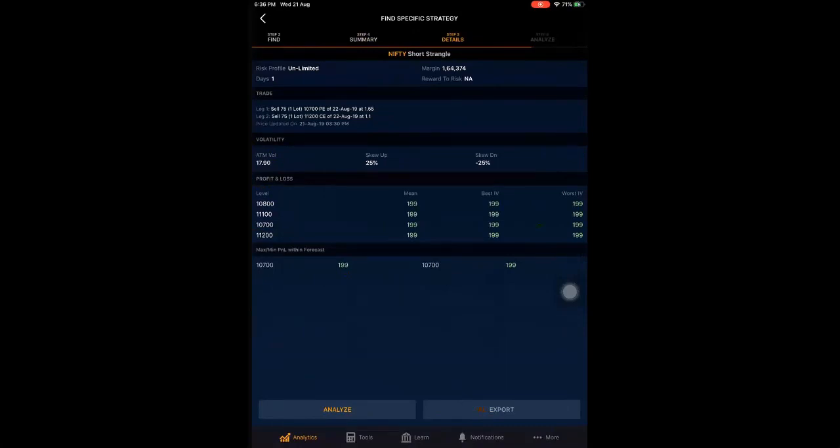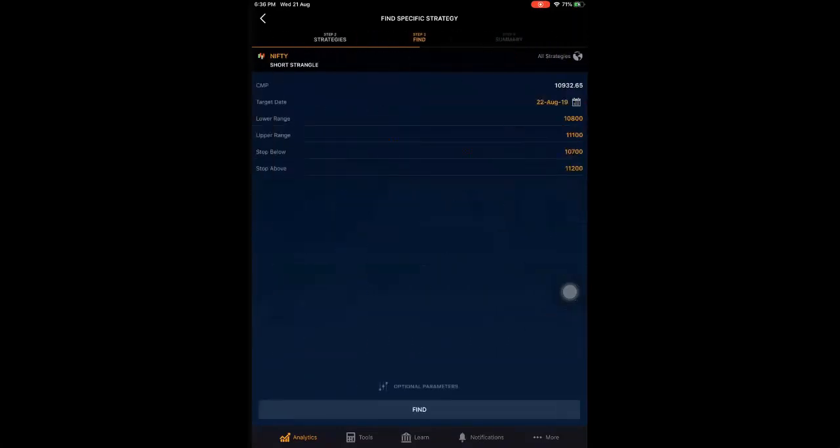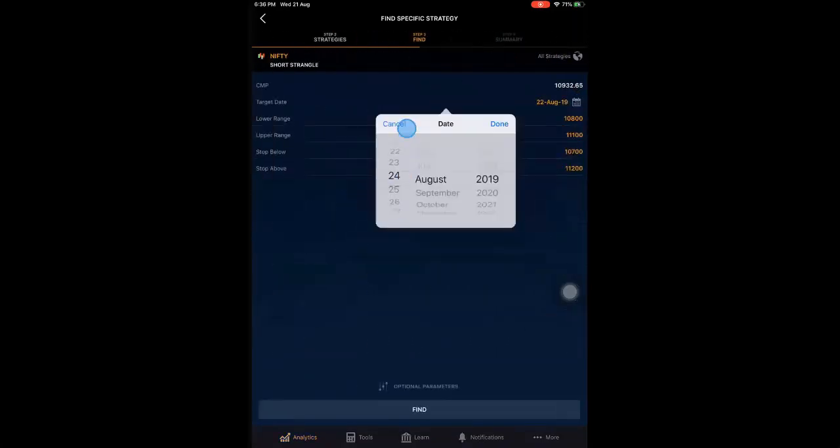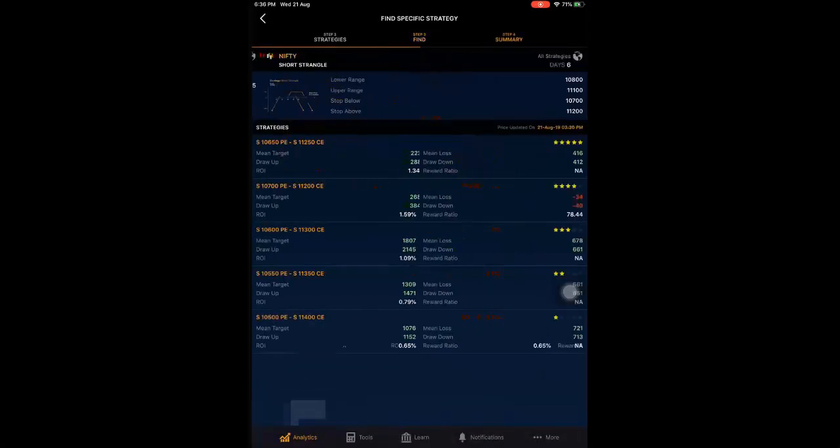We did not change the time period, so it's showing just for 1 day. Say for instance, instead of 22nd, I say 27th August. Now the strategy would be different, right? You saw that when my days to expiry was just 1 and my target date was 22nd of August, it was selecting a weekly option because the weekly option had a better chance compared to a monthly option.